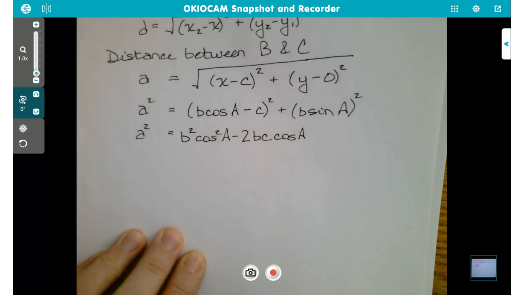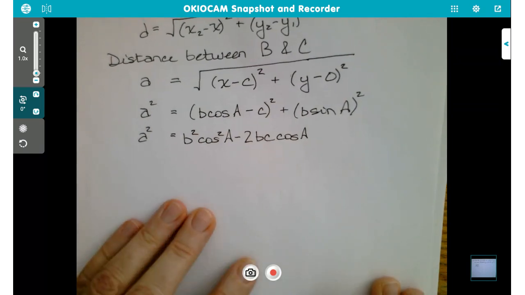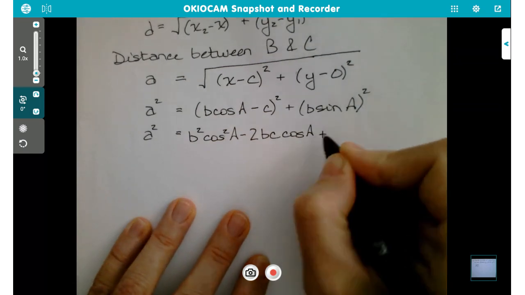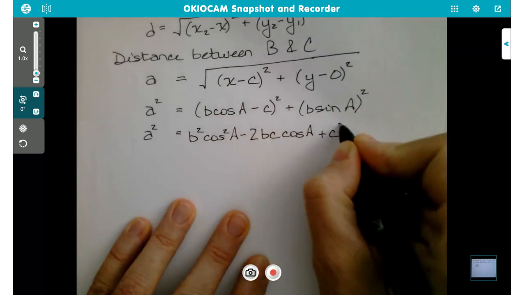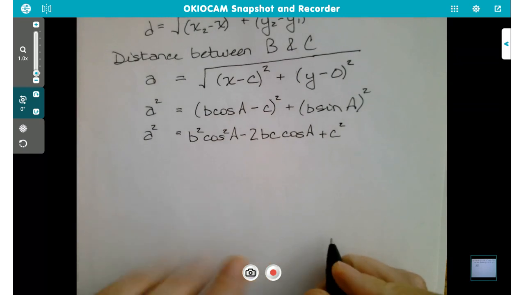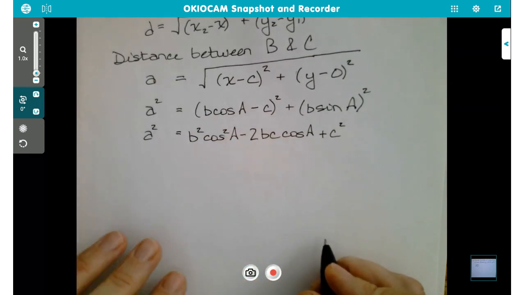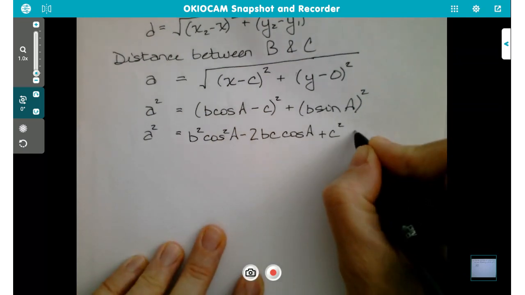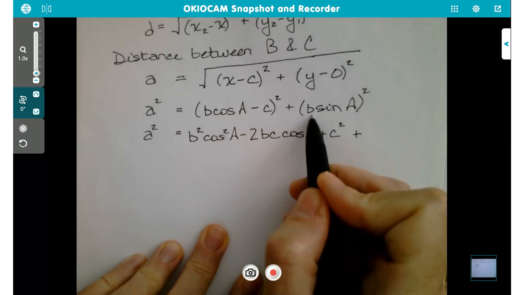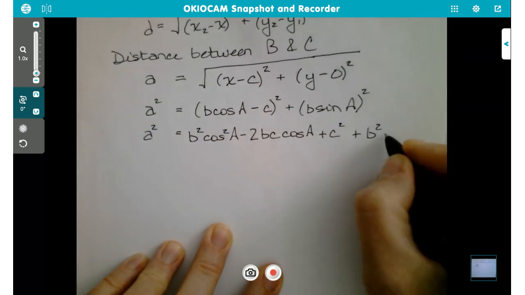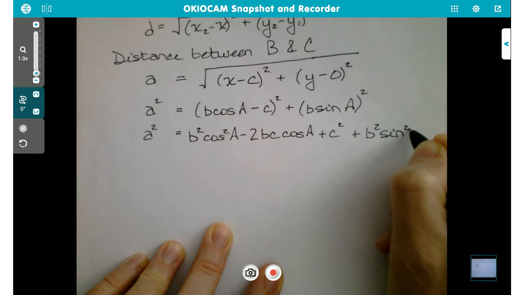Multiplication is commutative, and I like it better that way, so I'm going to do it that way. Plus the second thing squared. And if you forget how that goes, go ahead and write it out. This is b cosine a minus c times b cosine a minus c. Multiply it by itself. Plus, here I'm going to have, this is just one term, so the b gets squared and the sine gets squared.